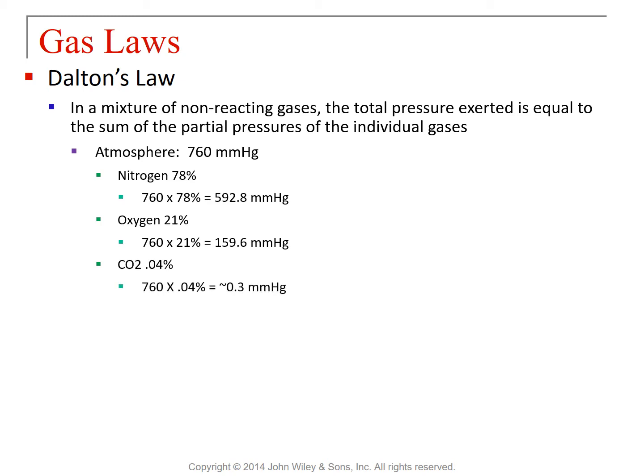It's about 0.3 millibars. So if we're breathing in air at normal air pressure at sea level, we would expect to be taking in about 160 millibars partial pressure oxygen and about 0.3 millibars partial pressure CO2. Now, if the percentage of these gases changes, then their partial pressure changes.